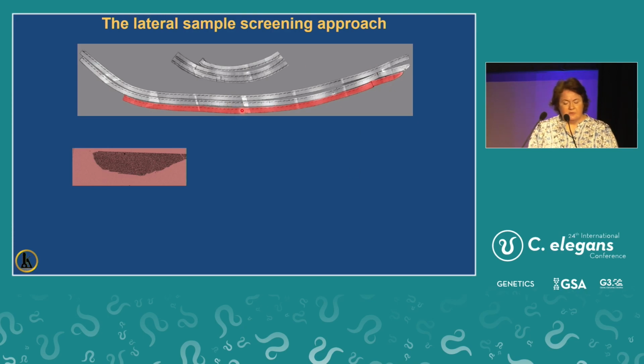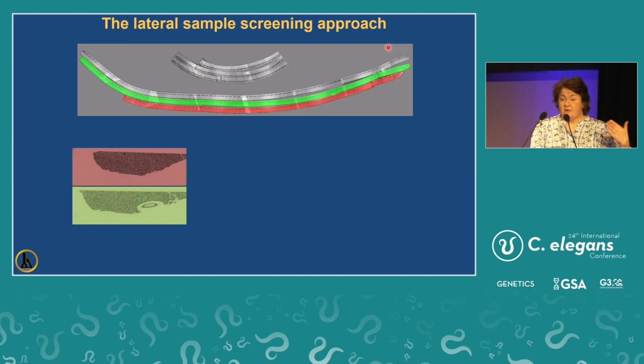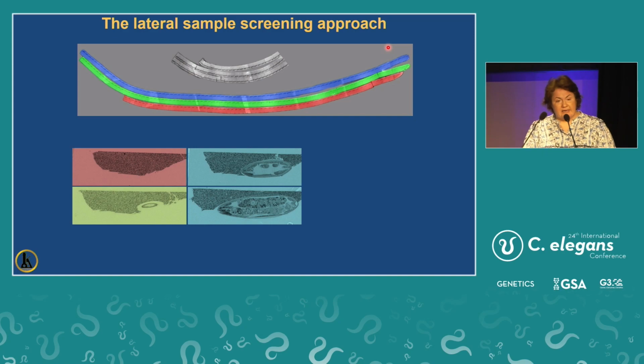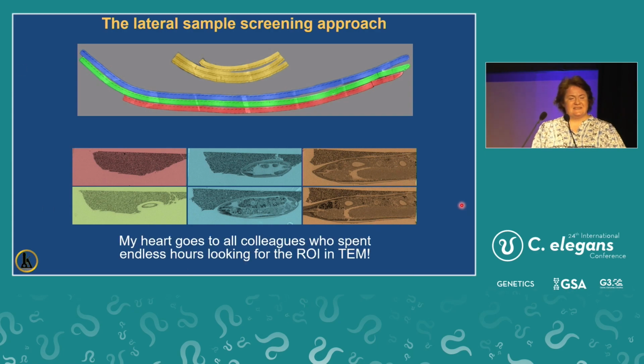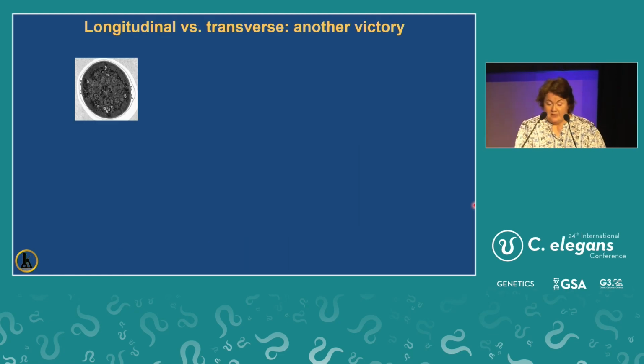You go and sample one section, and because you know the anatomy, you know what you are looking for, you can see which parts are, let's call them, obsolete, and which parts are important, because here it's a gonad, and let's say I was interested in that. That makes the entire experience much more pleasant. You don't suffer with in and out of the grid from the TEM. Whoever knows what I'm talking about, whoever not, just trust me.